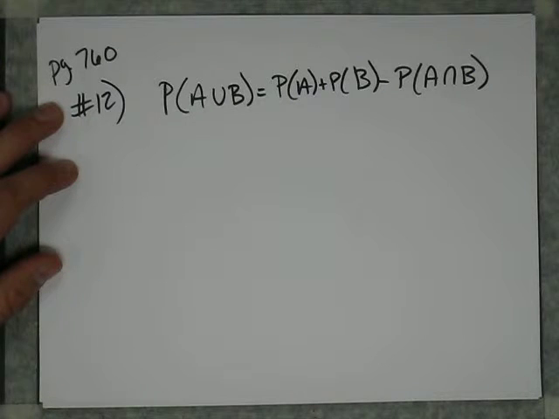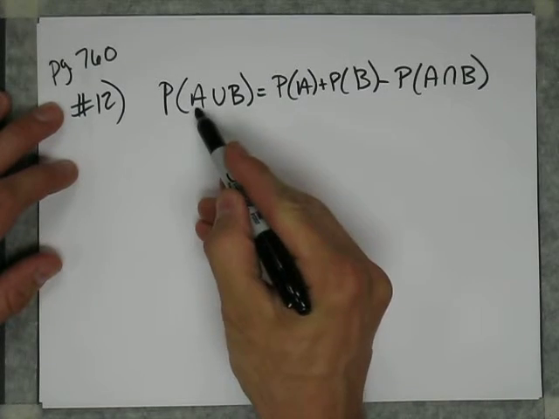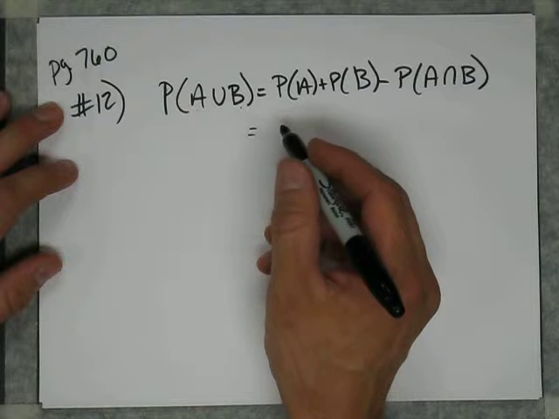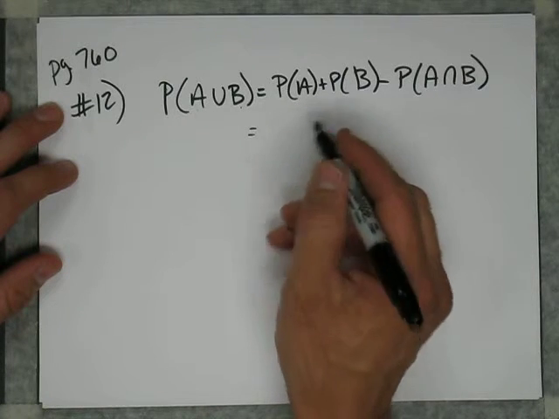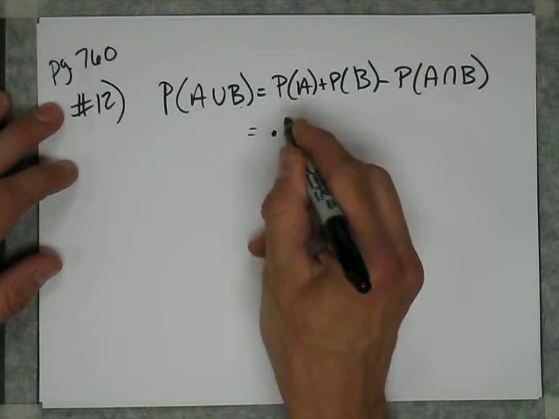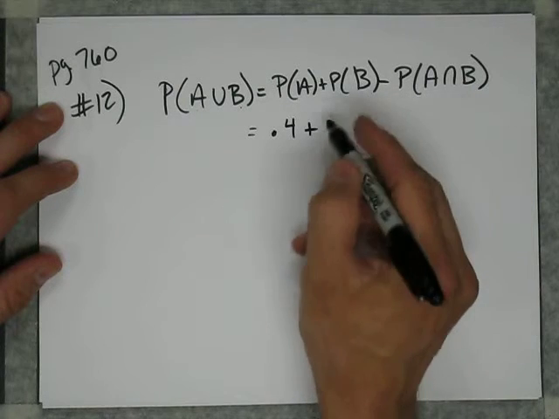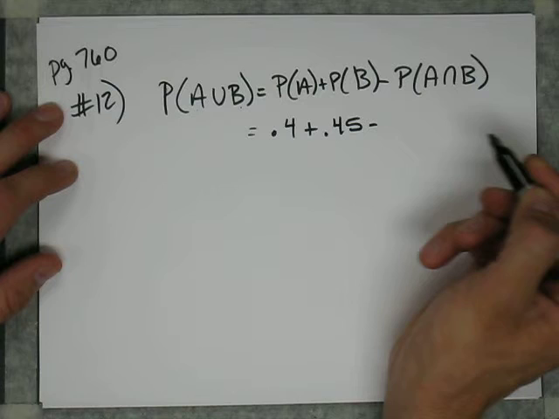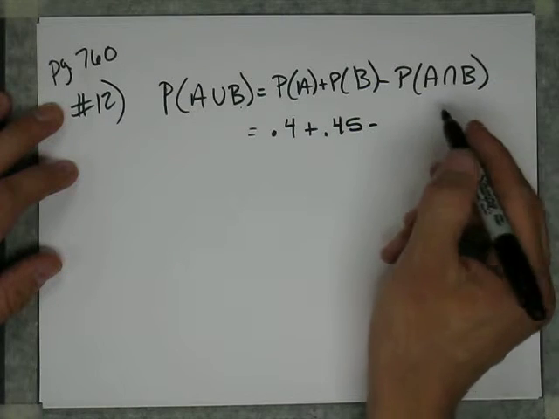So when we look at this, what's the probability of Carlos? Let's think of this as Carlos and this is Brad. The probability of Carlos making a shot is 0.4, plus the probability of Brad making a shot is 0.45, minus the probability of the intersection.